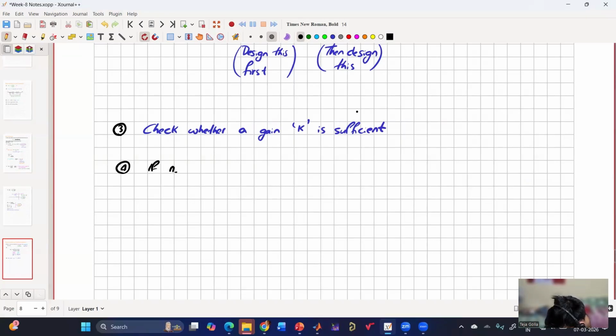If not, then design first lead and then lag compensator.